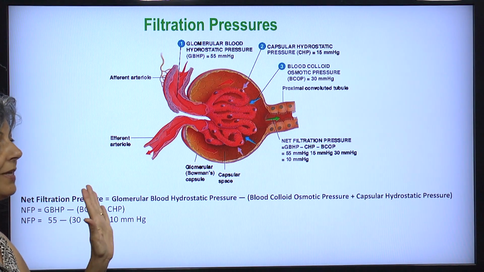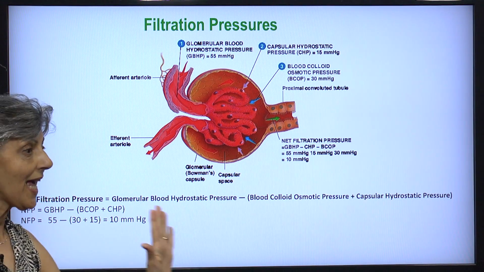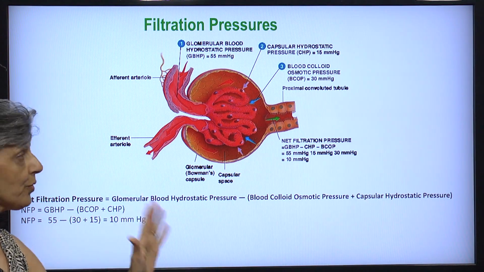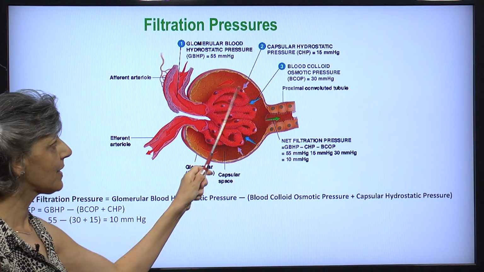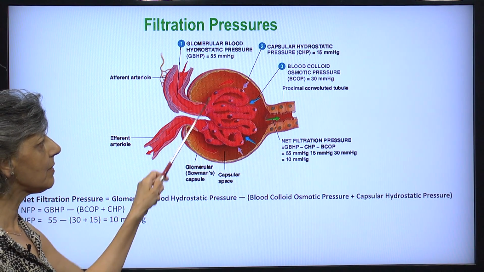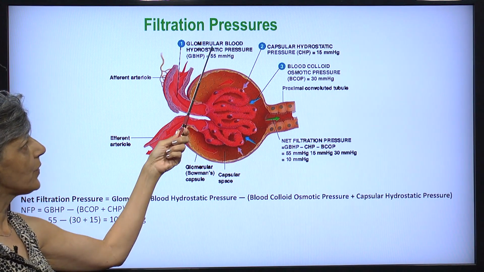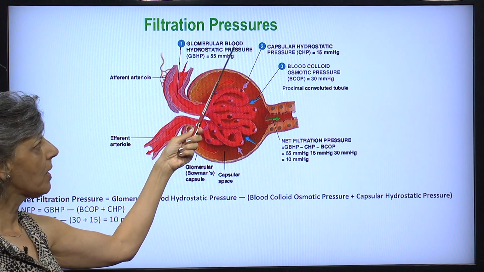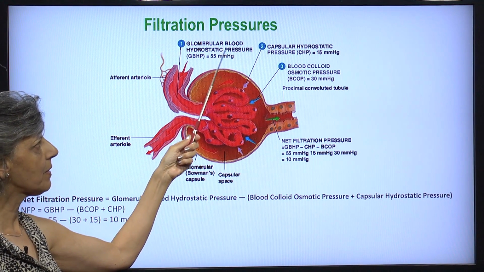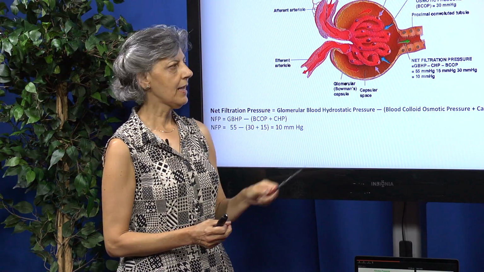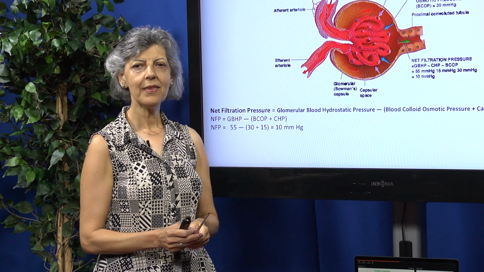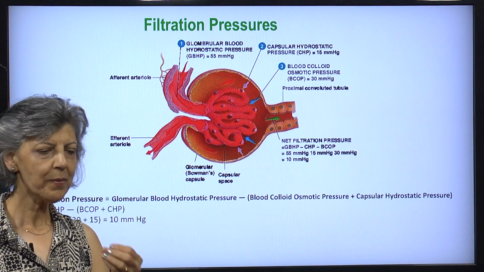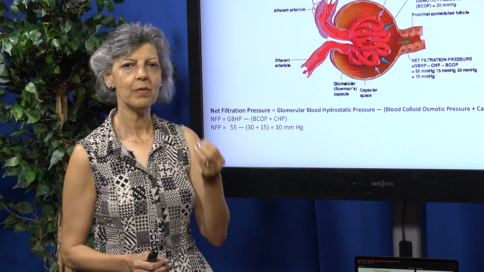One of them is going to enhance filtration. It wants to push the substances with the plasma into the capsular space. This is by far the most important pressure. We call this the glomerular blood hydrostatic pressure. It is right here inside the capillaries, and this pressure is a representation of a person's blood pressure.